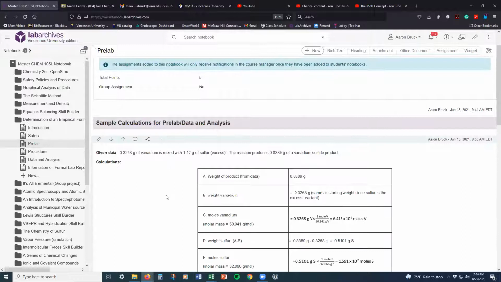The concept that really is at play here is the concept of the mole. Rather than doing empirical formulas in the way that a lot of textbooks look at it, where we start with mass percentages and turn those percentages into masses and turn masses into moles and do a comparison, we're going to do things a little bit differently.